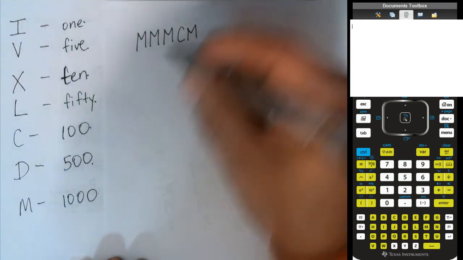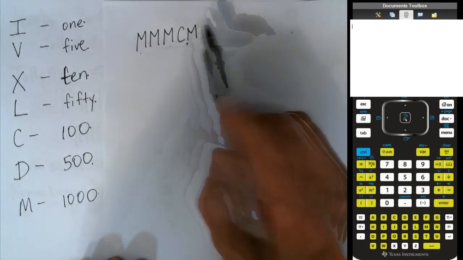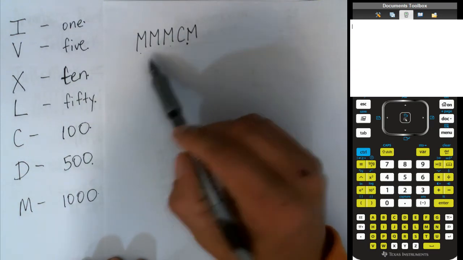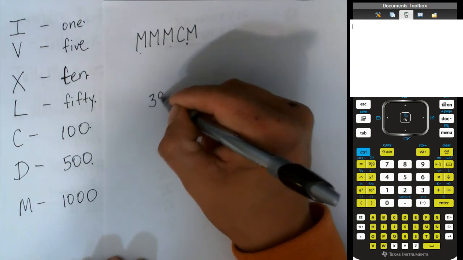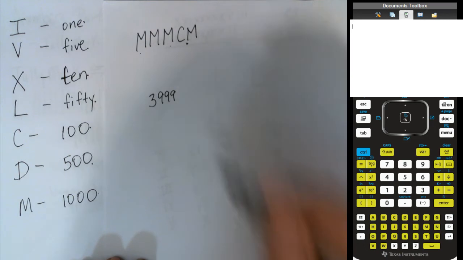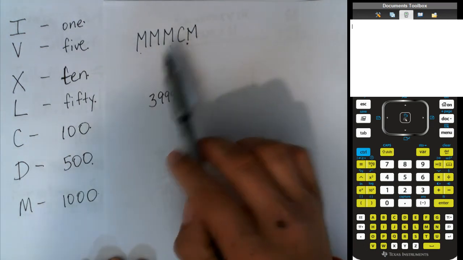So now that we have 3,999, that would be the biggest number we can do with this system. Okay, because we can't have more than 3 M's in a row. So that's 3,000.